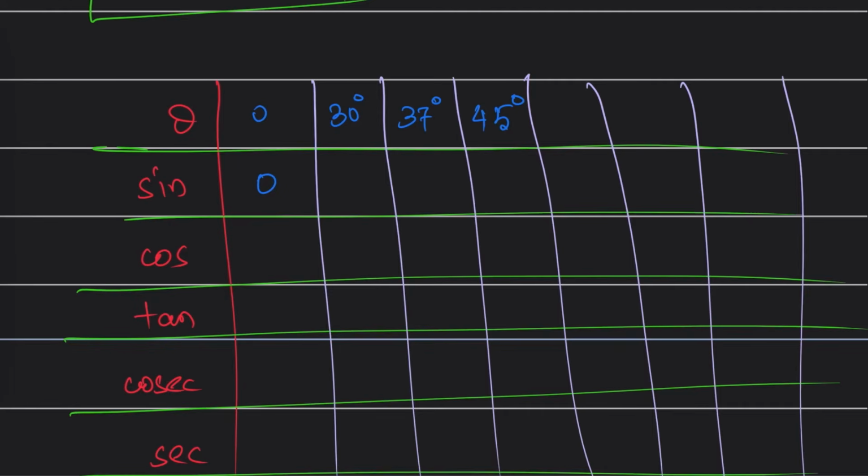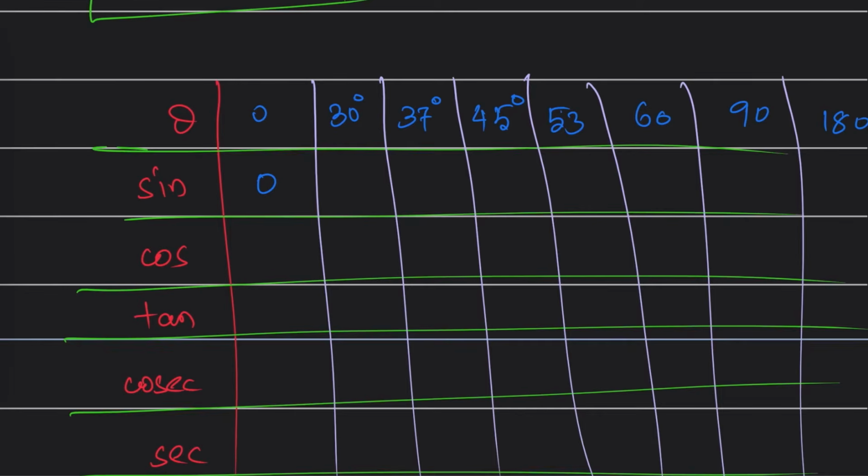Next is 53, 60, 90, and one more, 180, is also important. The rest I'll give you shortcuts through which you can calculate for any values. Not to worry, because if I have started, I will teach you everything about trigonometry.